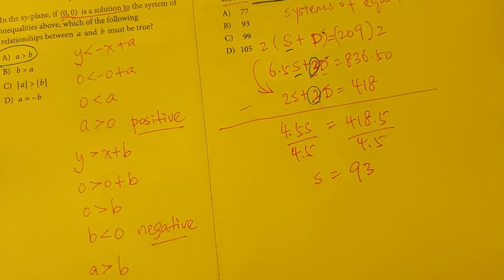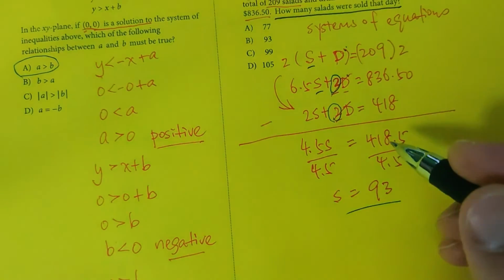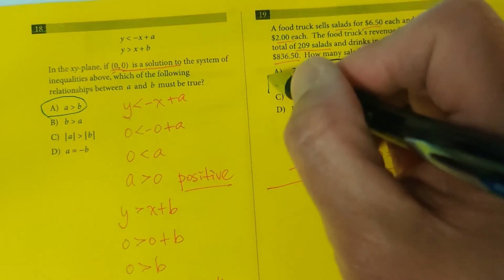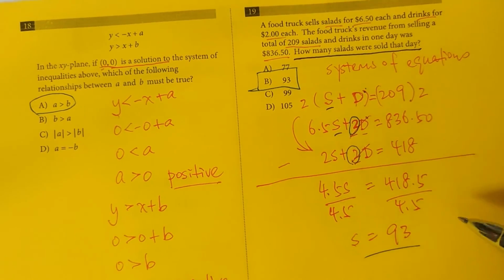All right, okay, so the salads sold that day would be 93, and the answer would be B, 93. Okay, that's it.